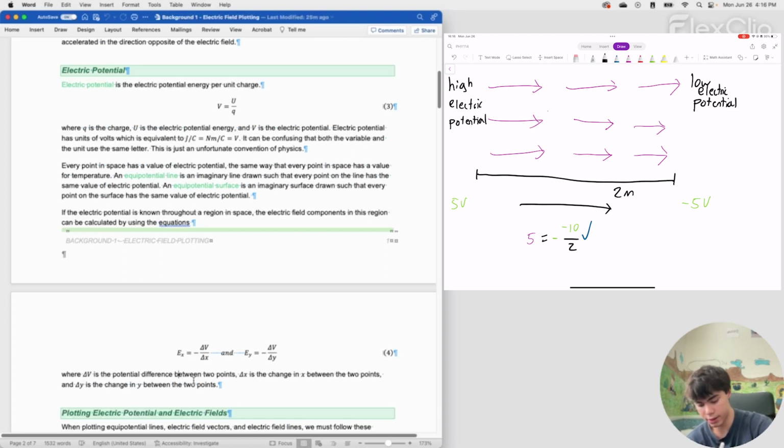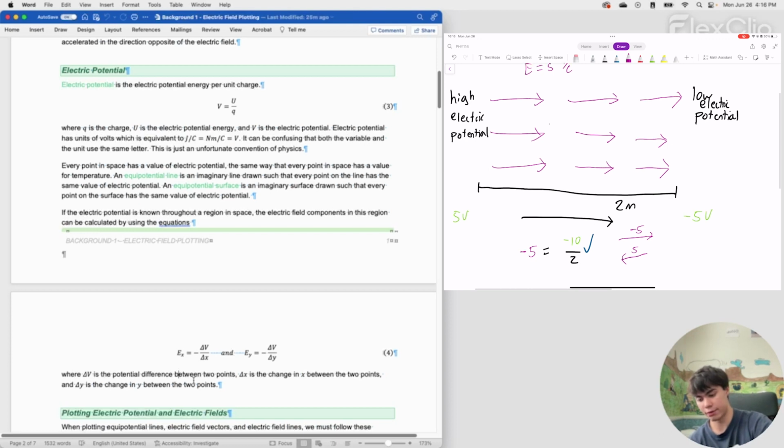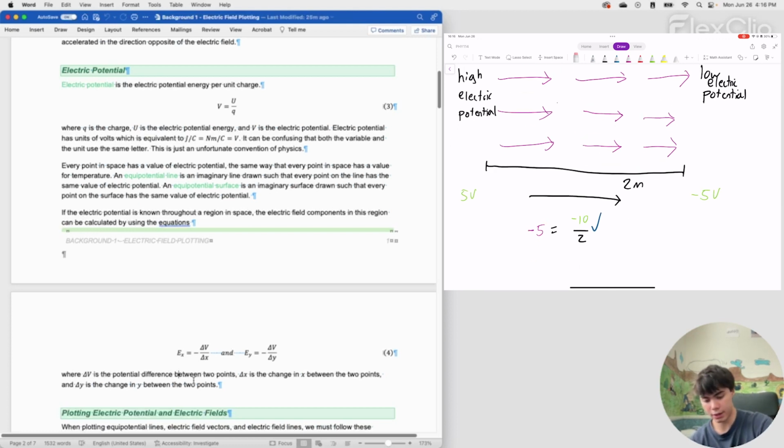Without that negative sign, we would get a negative 5, meaning negative 5 to the right, because that's the direction of our distance. But a negative 5 to the right is the same as a 5 to the left, which is the wrong direction. Our electric field is 5 to the right. So we need that negative sign there to make sure that the math works out and our vector points in the right direction. So we find our electric field to be 5 to the right.